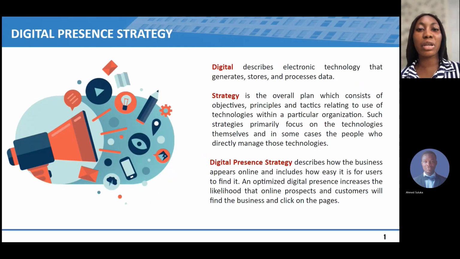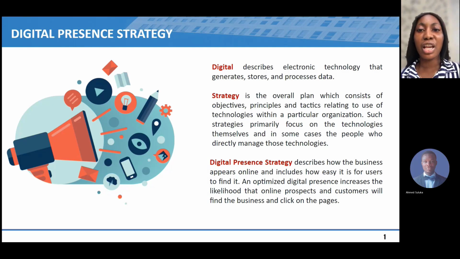But before I proceed, I would like to give a brief definition of key terms. Digital. What is digital? Digital describes electronic technology that generates, stores, and processes data. As we all know, our digital devices help in the generation, processing, and storing of data, which are useful. Data are facts and figures which we use in generating information.